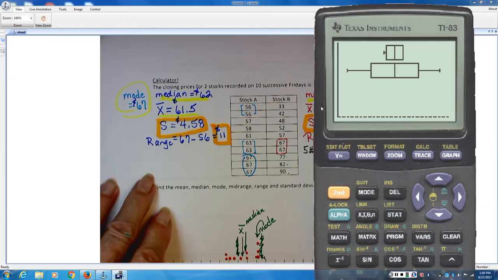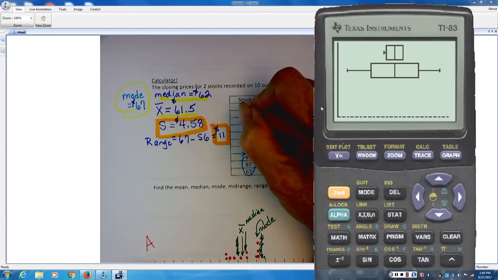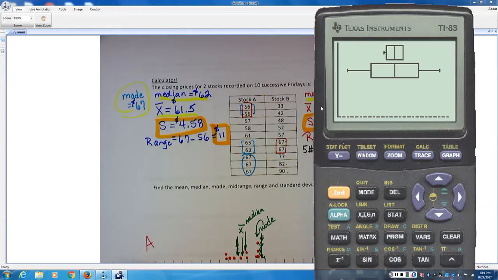That little bitty short whisker represents those numbers.